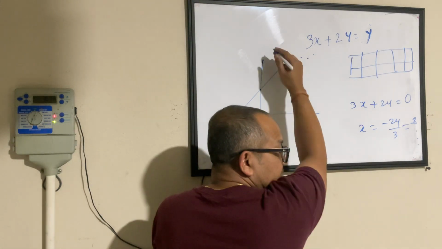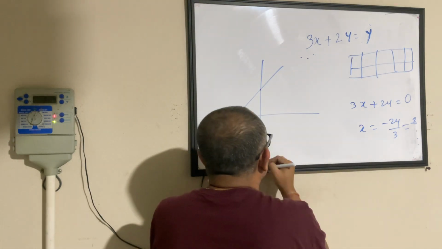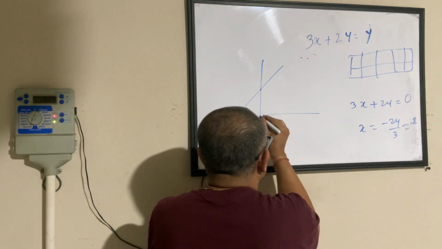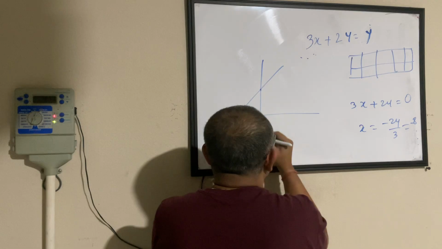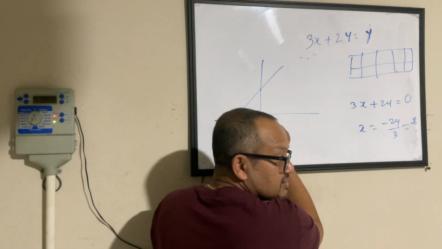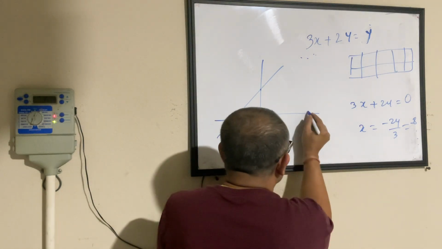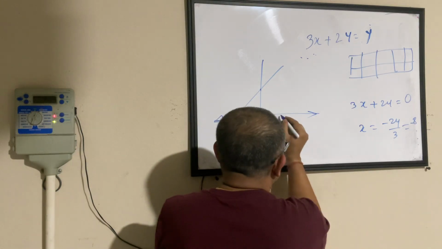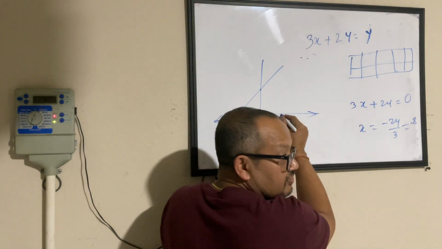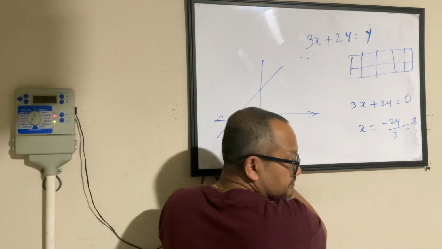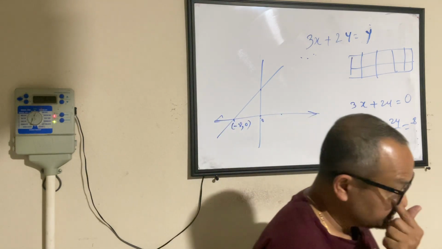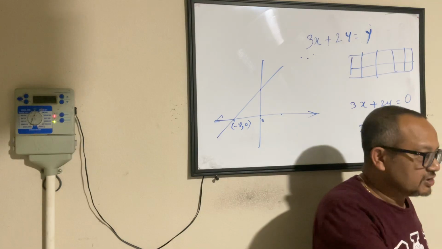On the y-axis, any point that you pick up, the value of x will be 0, because it is exactly on the same vertical line where x is 0. Similarly, for any point on the x-axis, the value of y will be 0. The y coordinate will be 0. So, did I answer your question?